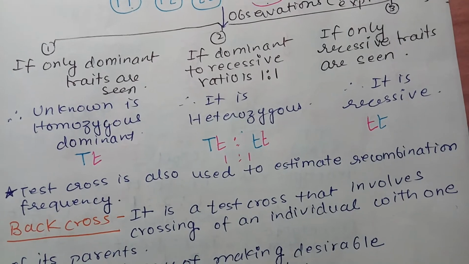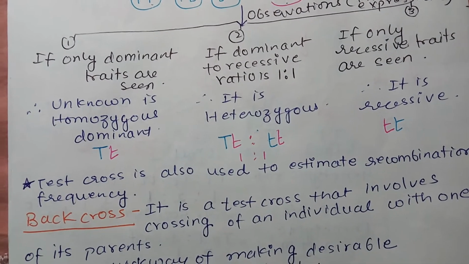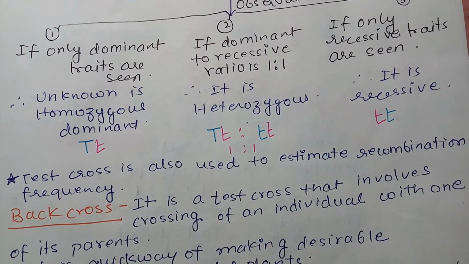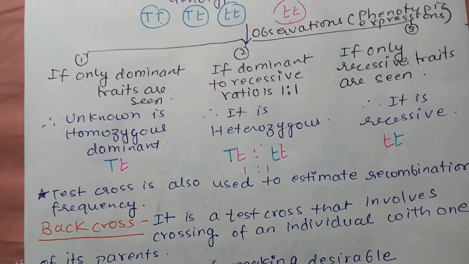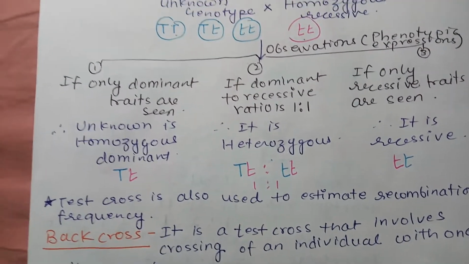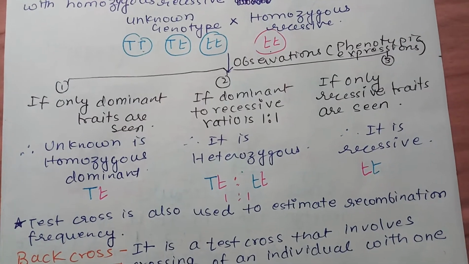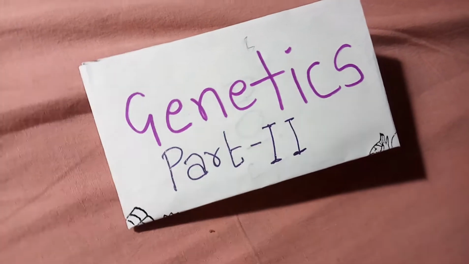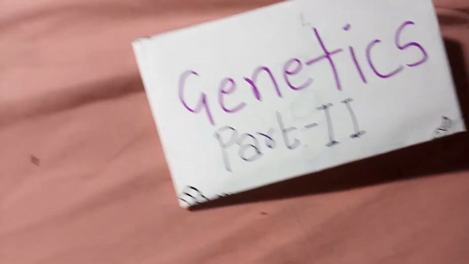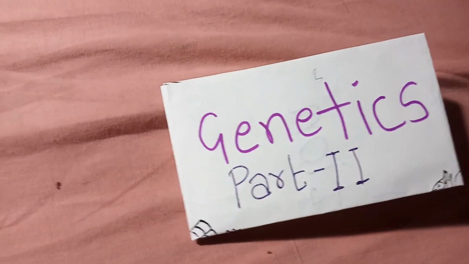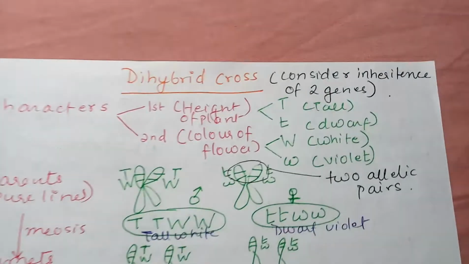If you exchange, selecting the female as homozygous tall and the male as homozygous dwarf, then it is called a reciprocal cross. Okay. Next we will see the dihybrid cross. Now look at the dihybrid cross here.